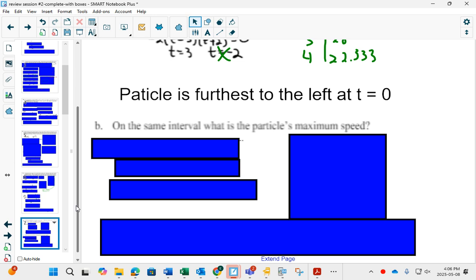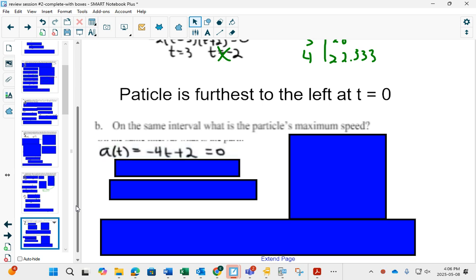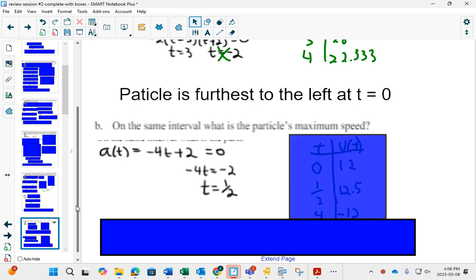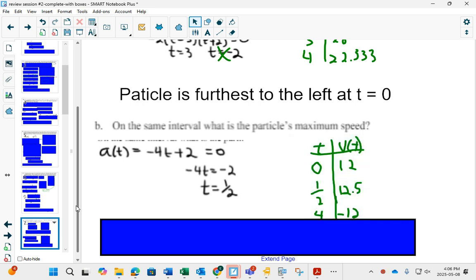At the same time, on the same interval, what is the particle's maximum speed? So we're going to look at our acceleration. We're going to set that equal to 0 at time equals 1/2. And now we're thinking of an extreme value theorem for our velocity.